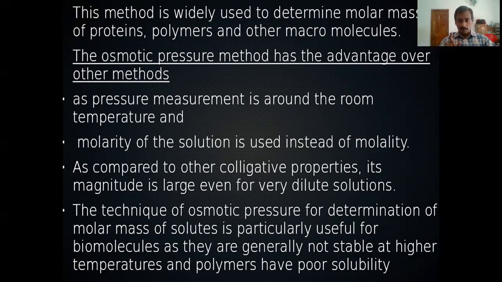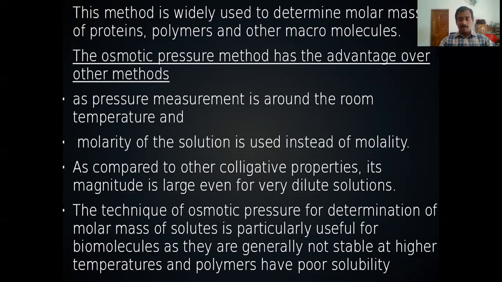Osmotic pressure of the solution itself is a colligative property. So even if the quantity of the solute is very small, we will get a measurable value of osmotic pressure.